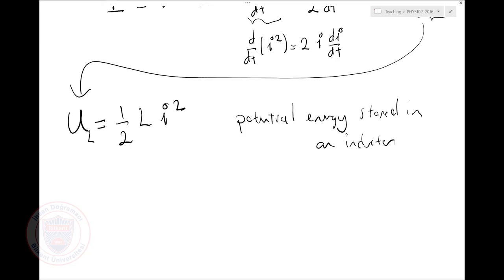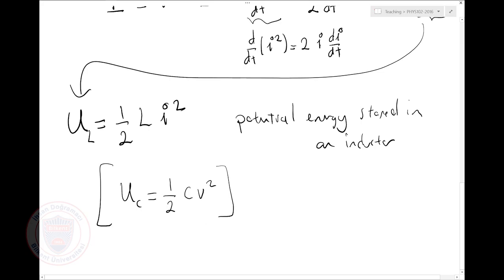Maybe we have learned a very similar formula for capacitors. Do you remember what it was? The energy stored in a capacitor was 1 over 2 C V squared, right? So these are analog relations. How did the capacitor store energy?